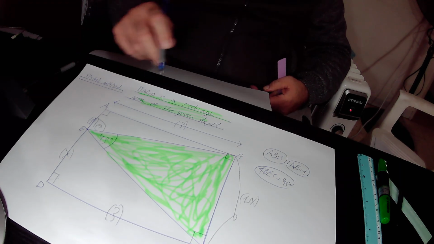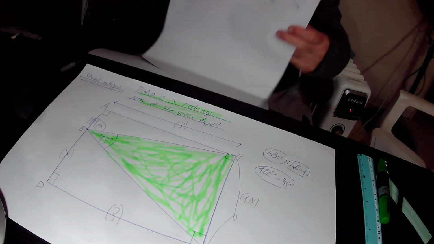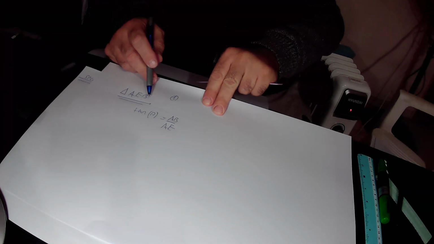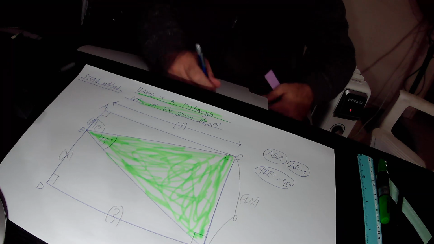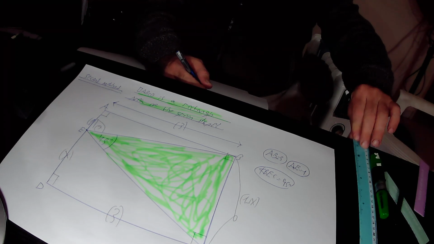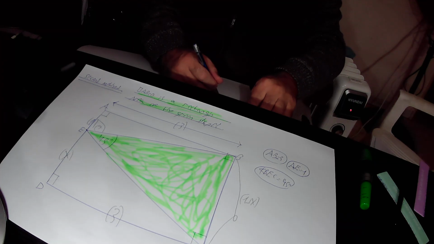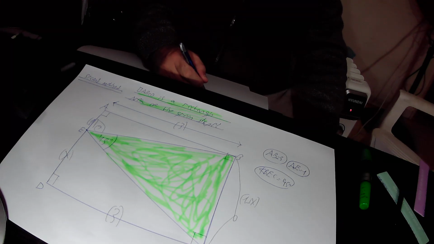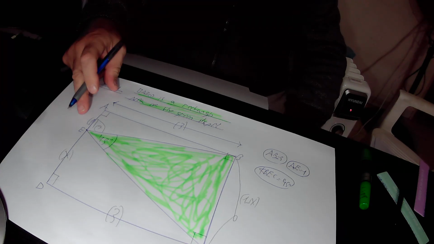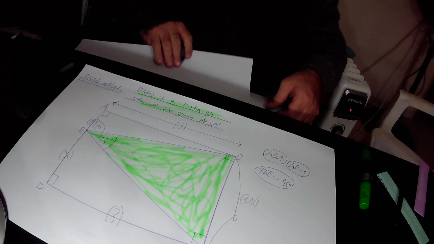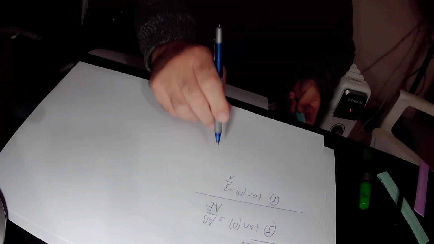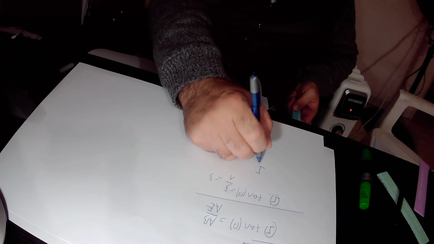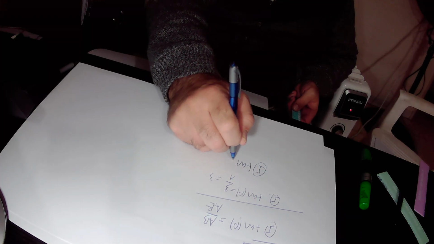And again, in this right triangle AEB, tangent theta equals AB over AE. So tangent theta equals AB, which is 3, over AE, which is 1. So in total we found out that tangent theta equals 3 over 1, that is 3. So according to equation 1, tangent theta equals 3.